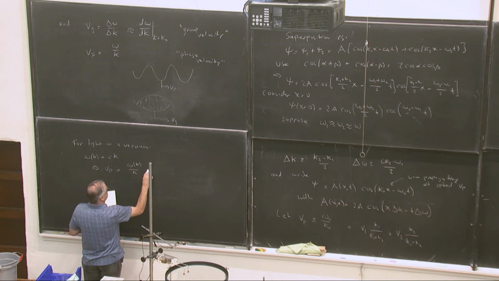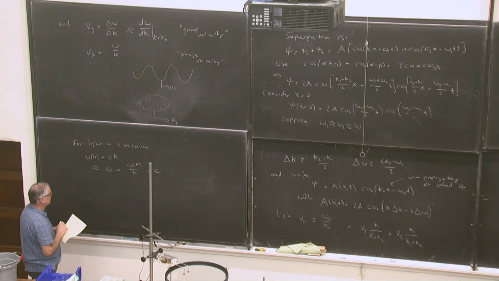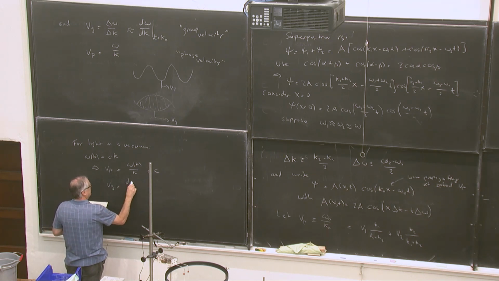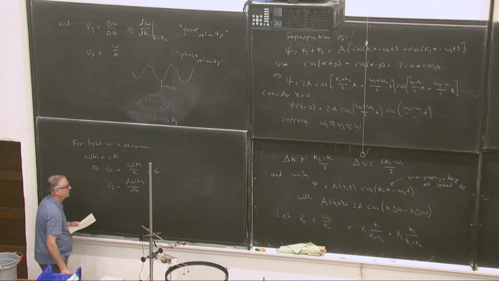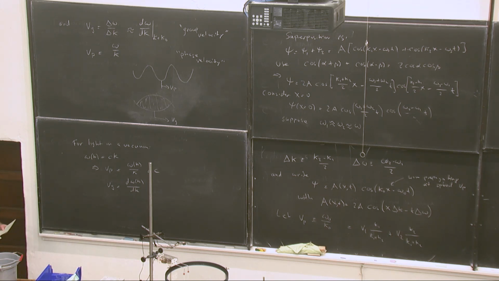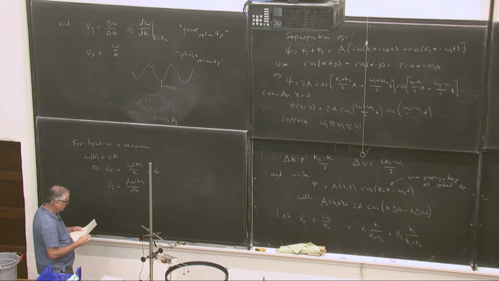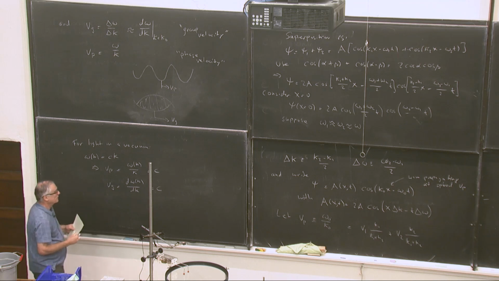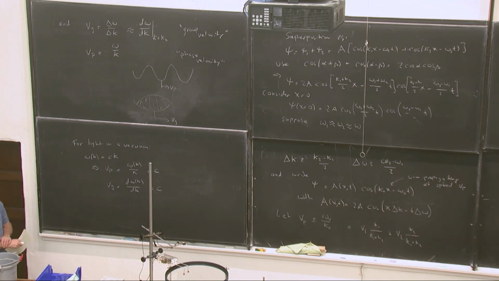Well, that's just c. So that's our phase velocity. And we can calculate our group velocity. That's d omega of k by dk, evaluated at k0, but that's anywhere we want here. Take the derivative with respect to k, and you just get c as well. So for light in a vacuum, the phase velocity and the group velocity are in fact exactly the same.